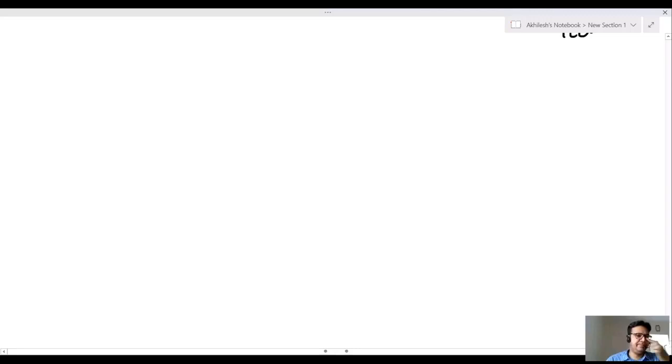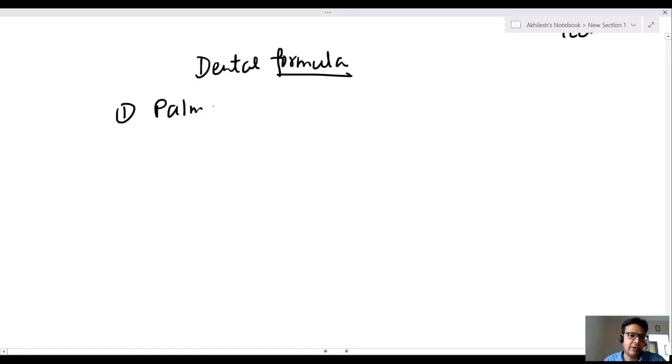Okay, this is teeth. Now sir, how do we write down the dental formula? The first method to write down the dental formula is Palmer notation. What is Palmer notation?